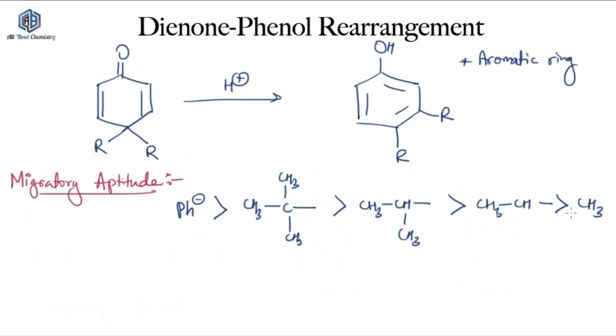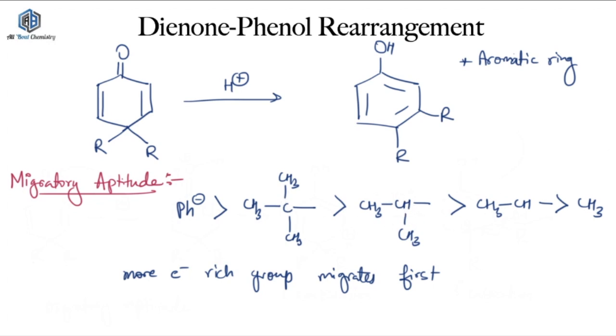The trend of this migratory aptitude is that the more electron-rich group migrates first. As you can see, the phenyl ring is more electron rich. Then comes the 3-degree, then the 2-degree.